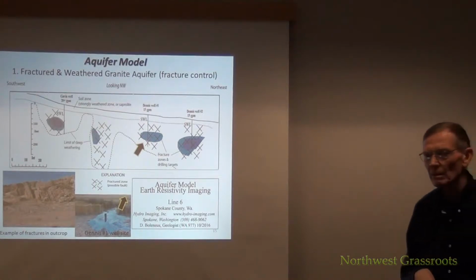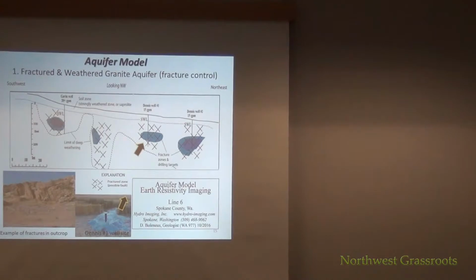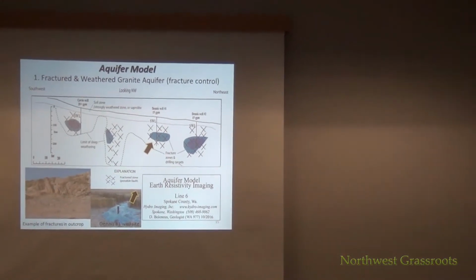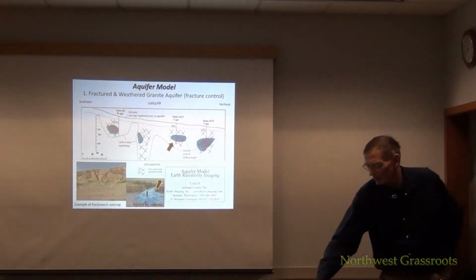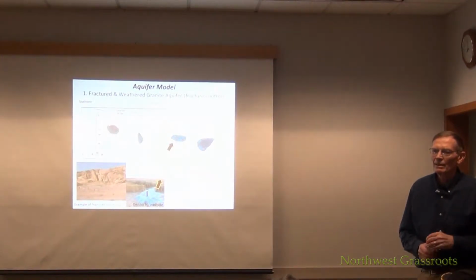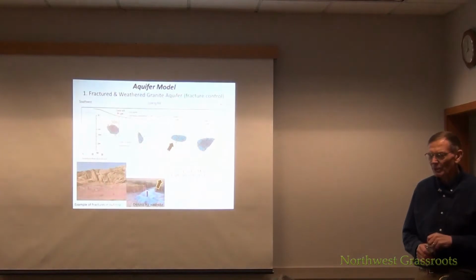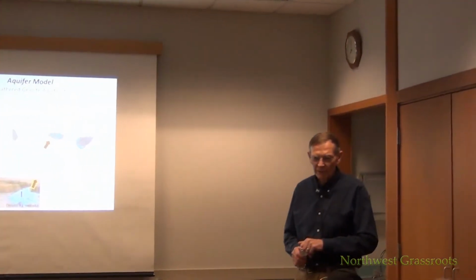Yes? If the well water was contaminated, would that affect any of the readings? For example, California has an aquifer that's contaminated, so they have to pump all the water out and go through a plant to get the water back into shape, and then the same amount of water they take out goes back in. They're recycling the entire aquifer. Well, I've not worked in a situation like that, but usually contaminated water would give a much lower resistivity value.